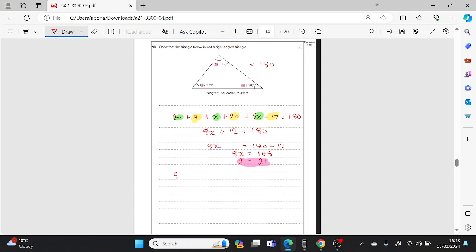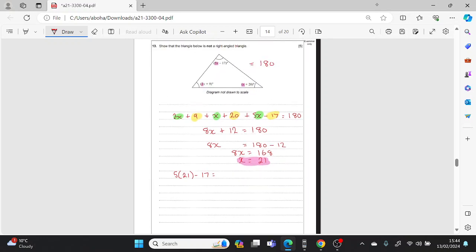So 5x minus 17, so 5 times 21 minus 17. Then the next one is going to be 21 plus 20. And then the last one is 2 lots of 21 plus 9. And then you just work these out.